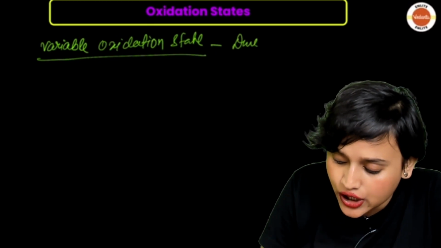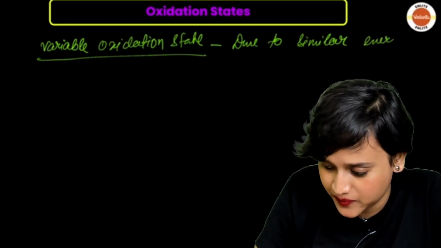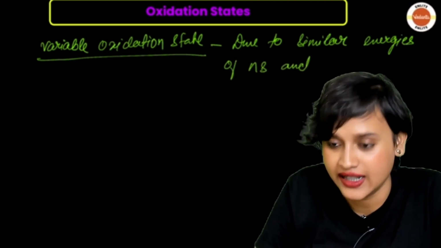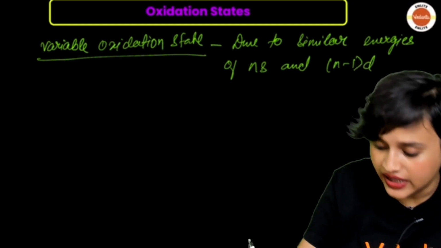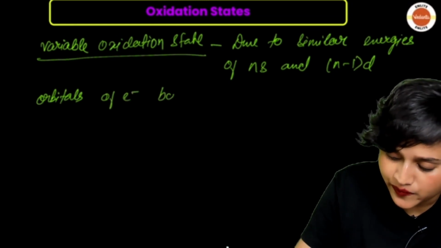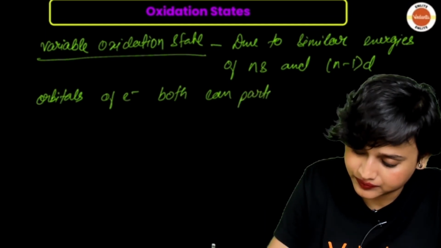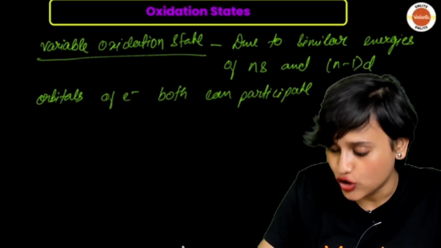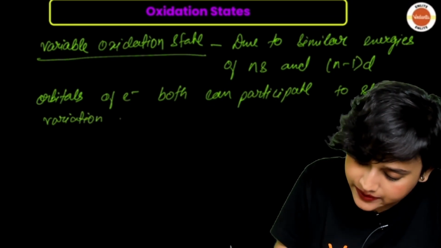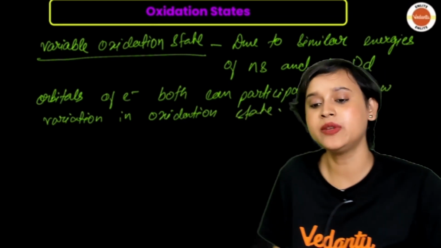I just told you that it is due to the similar energies of ns and (n-1)d orbitals. Electrons of both the ns and (n-1)d orbitals can participate to show variation in oxidation state. Cool, everybody? Do you all understand?